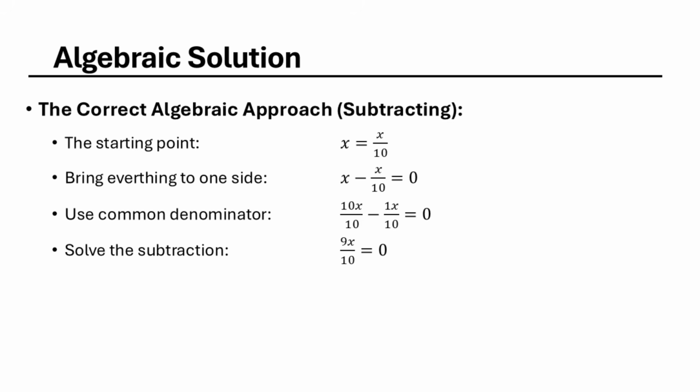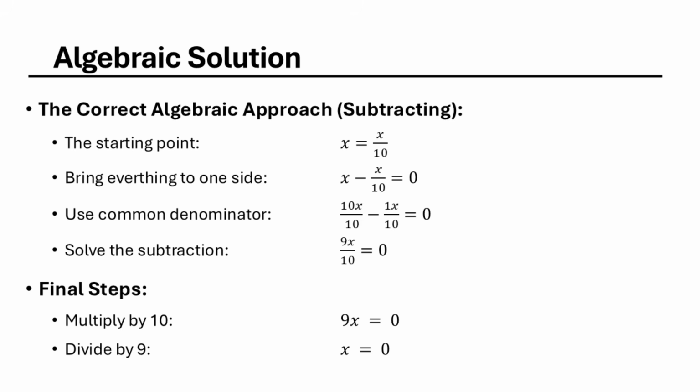We can now subtract the numerators. 10x minus 1x is 9x. So, the equation is now 9x over 10 equals 0. To isolate x, we can multiply both sides by 10, which gives us 9x equals 0 times 10. So 9x equals 0. Finally, we divide by 9.